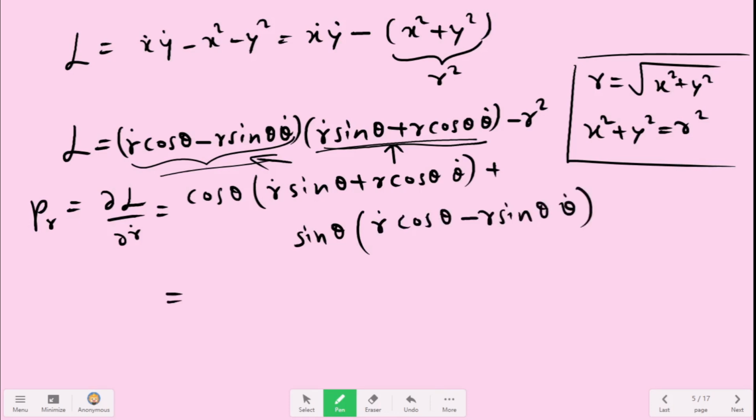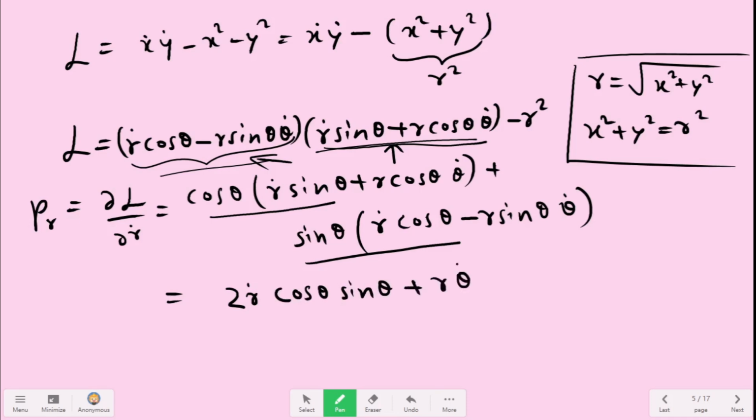This is equal to, now cos theta r dot sin theta is occurring 2 times. Therefore you can write 2 r dot cos theta sin theta plus r theta dot (cos square theta minus sin square theta).